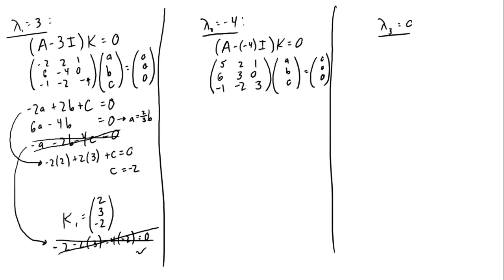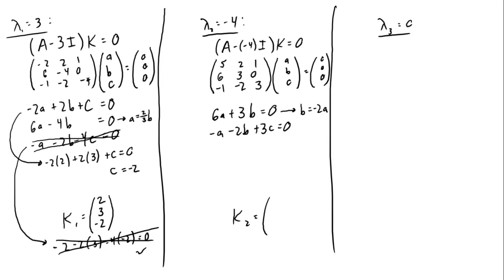So the second equation tells me 6a plus 3b equals 0. The bottom equation says negative a minus 2b plus 3c is equal to 0. This equation I can solve for b. I get b is equal to negative 2a. And so in my vector, this time I'm going to pick whatever I want for a.